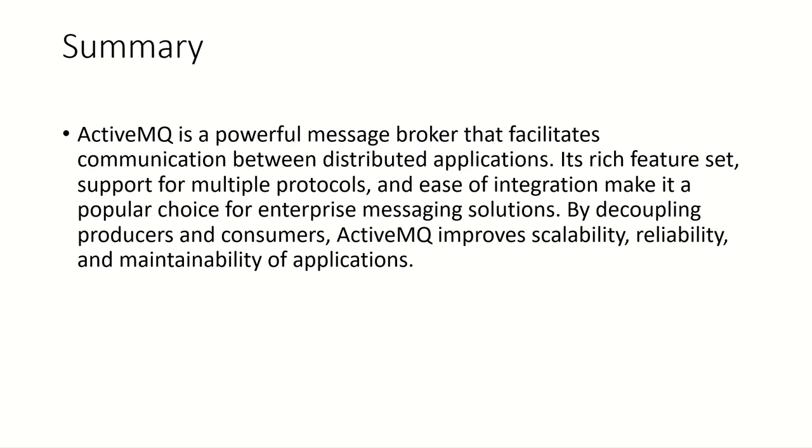So this is in short what ActiveMQ is, why one should use it, and how one can use it. In the next video, we are going to discuss how we can install ActiveMQ on the Docker machine, and then we'll see how we can develop our Spring Boot application, how we can develop our producer and consumer, and how we can use ActiveMQ to transfer messages between producer and consumer.